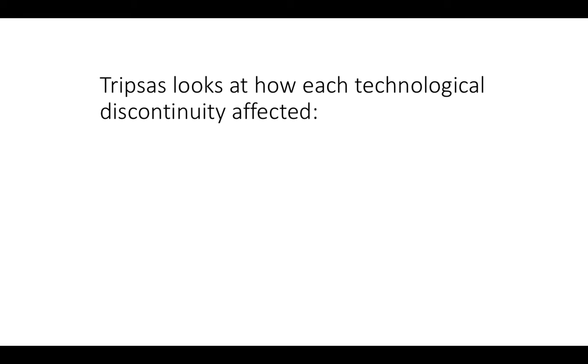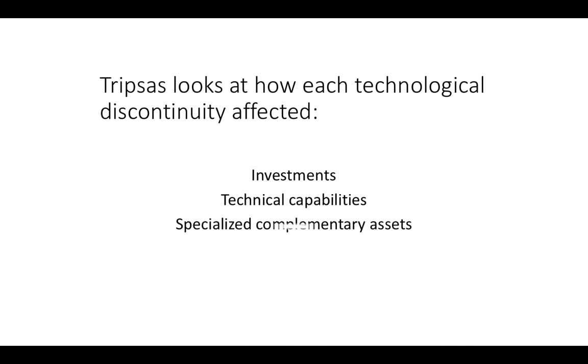In this article, Mary Tripsas looks at how each technological discontinuity, there were several sweeping through the industry, affected the investments of established firms. That is, their incentives to invest in the new technology, how it affected their technical capabilities in terms of the R&D skills of the companies, and how it affected the specialized complementary assets.